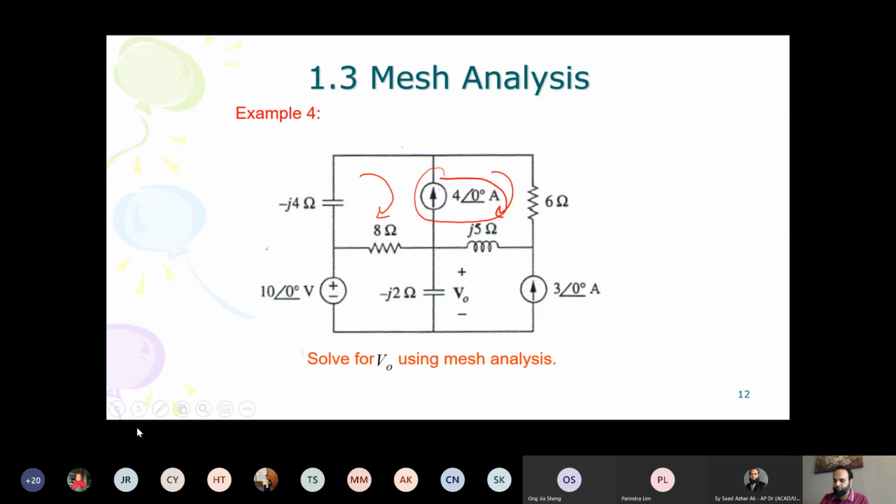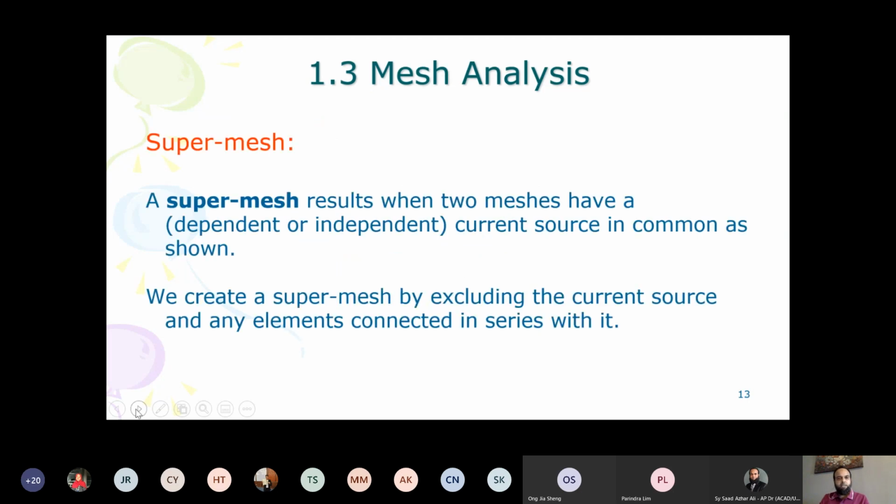What is a super mesh? A super mesh results when two meshes have a dependent or independent current source in common, as shown in the previous one. So how do we solve it? We create a super mesh by excluding the current source and any elements connected in series with it.